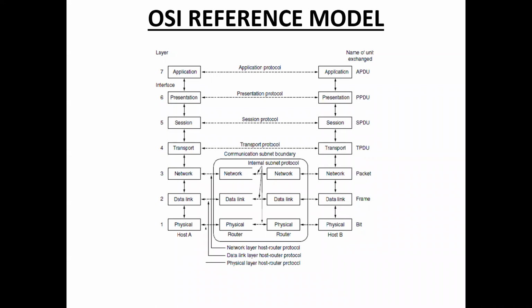The physical layer, data link layer and network layer take the responsibility of the network. The transport layer, session layer, presentation layer and application layer, the upper four layers, take the responsibility of the host.